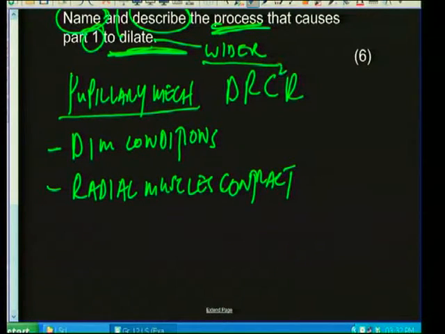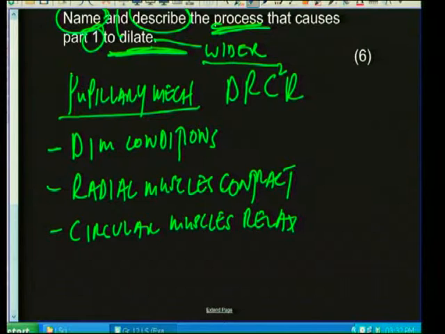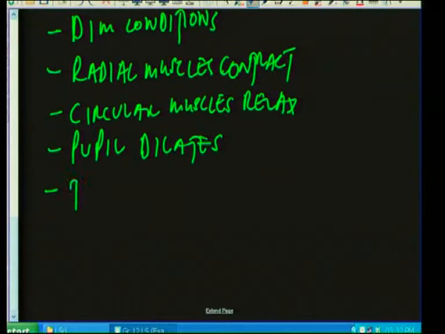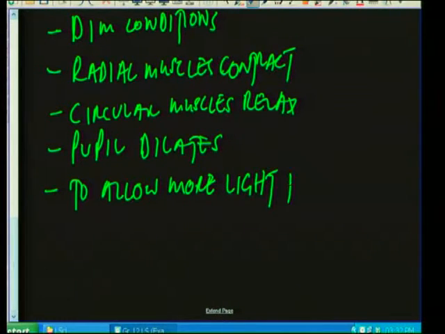And C squared, I always say, C, the circular muscles relax. And if that happens, the pupil dilates. Why does it dilate? To allow more light to enter.